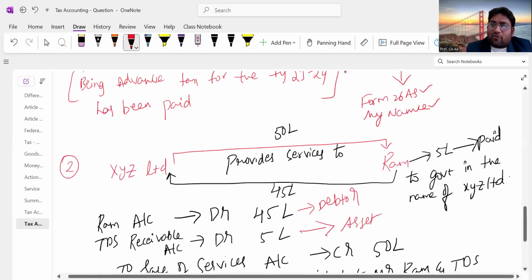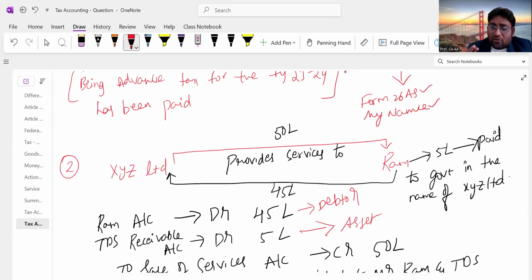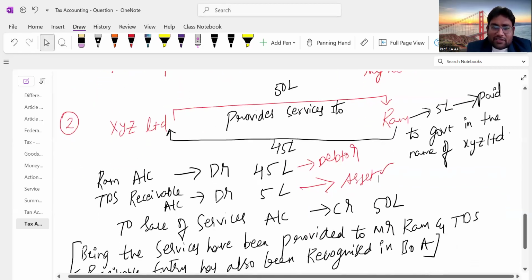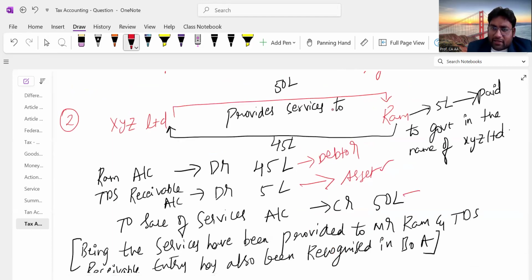This 5 lakh will also go to my Form 26AS on the income tax website, it will reduce my future tax liability, and it will be in my name. So I am calling this an asset, just as derived above. Sale of services is an income.